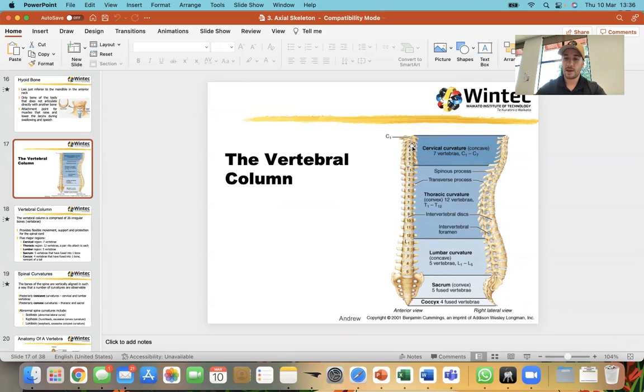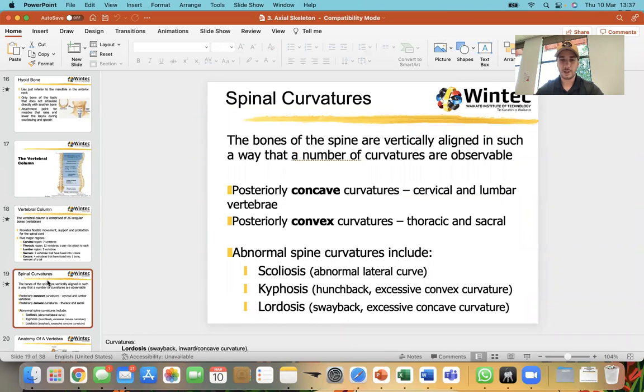Okay, and then you can see here we have the right lateral view. So you can see the curvature of the spine in that diagram. Okay, so posteriorly concave curvatures, cervical and lumbar vertebrae, and posteriorly convex curvatures, thoracic and sacral.